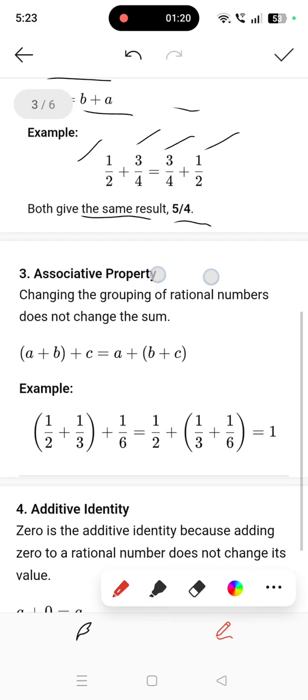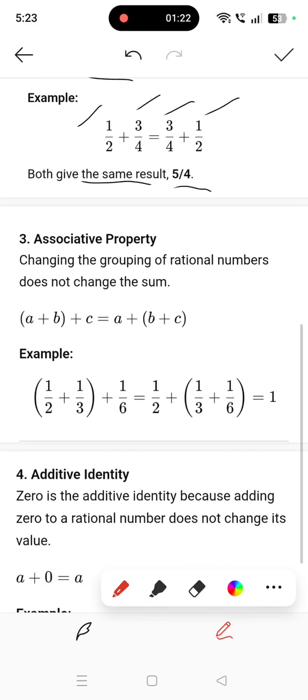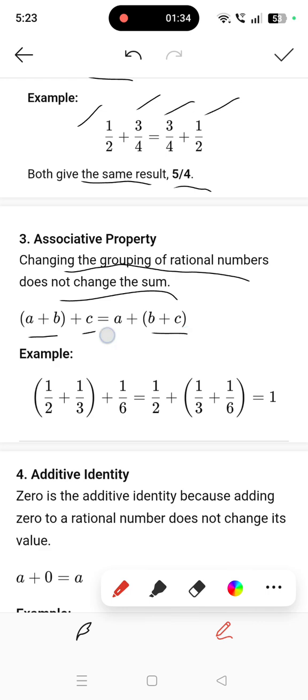Third property is the associative property, which means that changing the grouping of rational numbers does not change the sum. Like A plus B, if you add it to C, or B plus C you add it to A, there will be no change. Let us understand with an example.